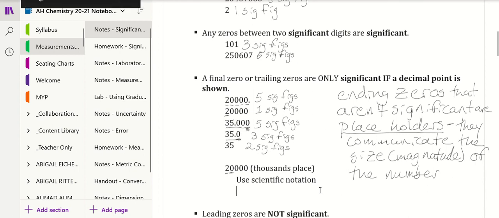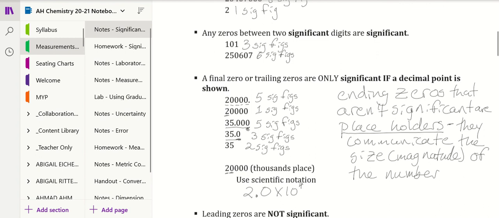So if I wanted to write 20,000 and communicate that the thousand place is significant, I would write it like this. 2.0 times 10 to the what power? How many times do I have to multiply this number by 10? 4. So to the fourth power.